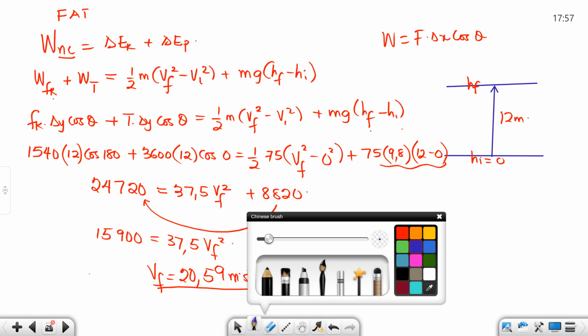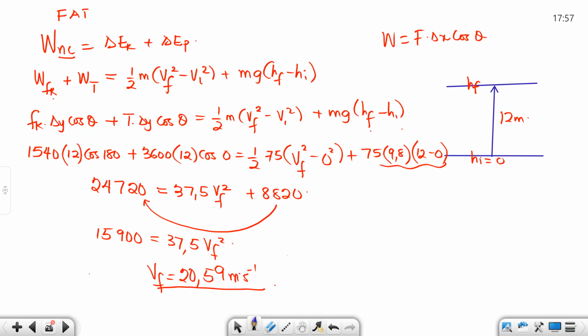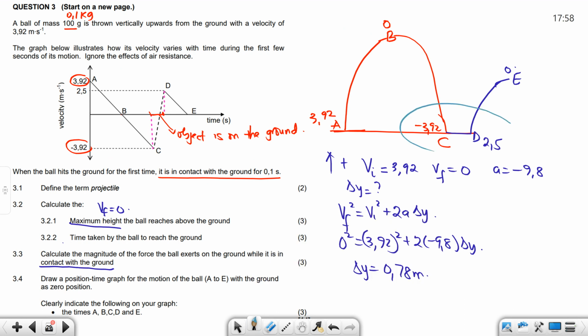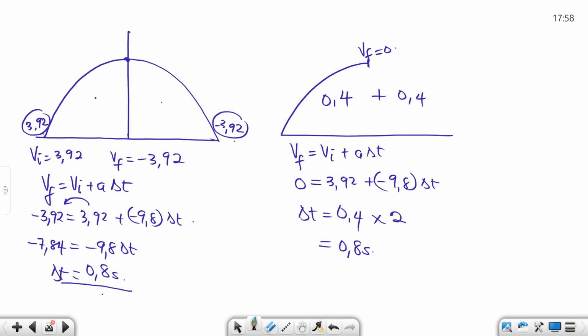This is why if you learn to draw, it makes a lot of sense. Where is it in contact? Right here, CD. So if I look at CD, this becomes my initial velocity, and this becomes my final velocity.